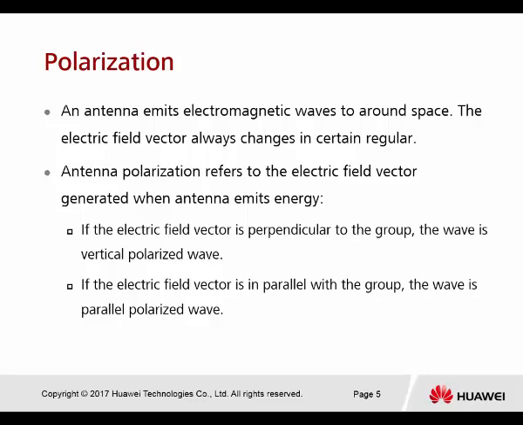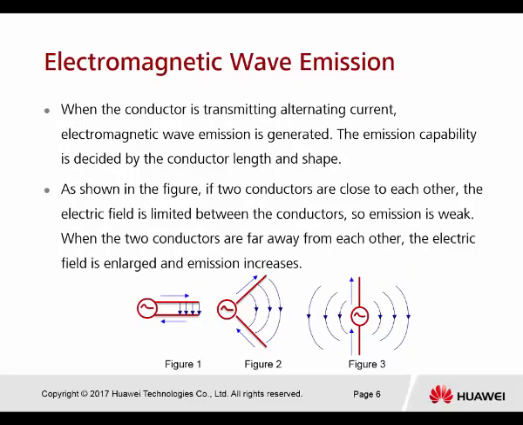If the electric field vector is perpendicular to the ground, the wave is a vertically polarized wave. If the electric field vector is parallel with the ground, the wave is a horizontally polarized wave. And this is the electromagnetic wave emission.